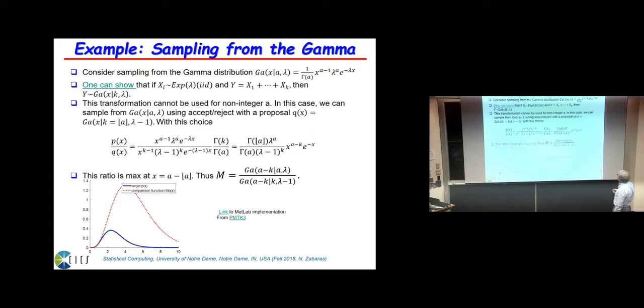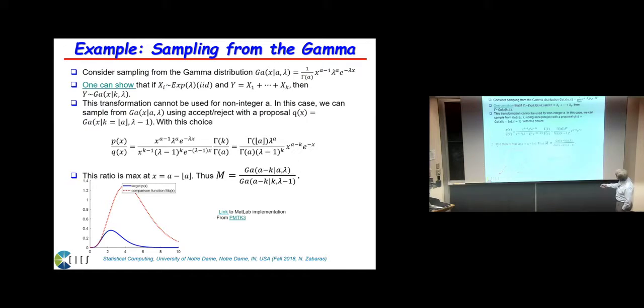And, okay, so I'm going to actually go fast through this way of addressing this problem, and then I will actually do it a little bit more rigorously. So the idea here is we are going to sample from this gamma distribution.